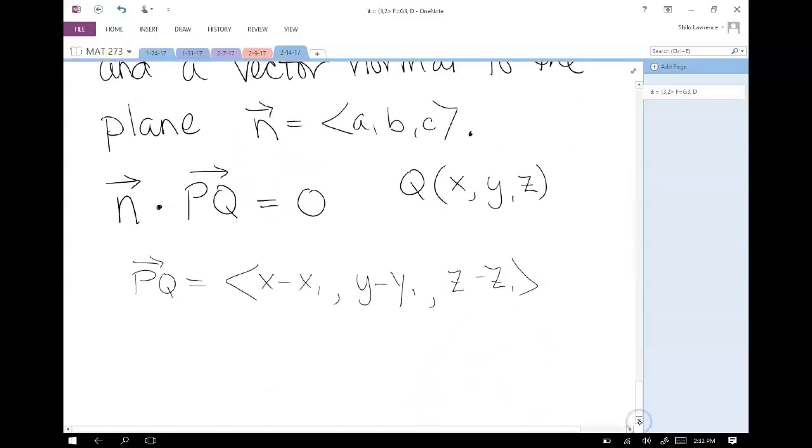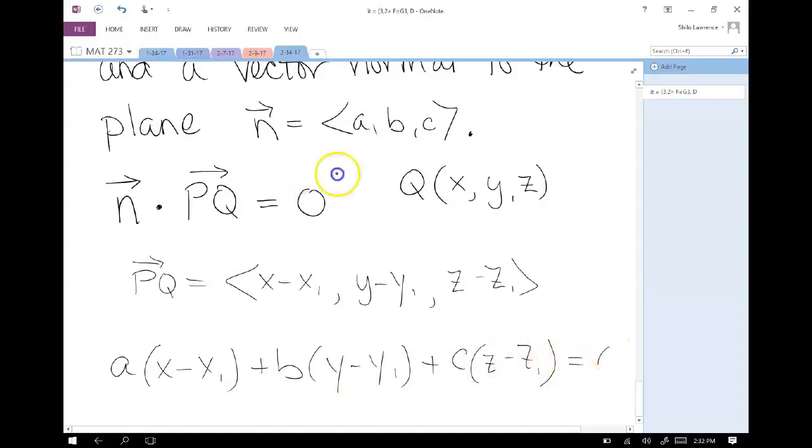And then when we dot that with n, remember we multiply corresponding components. And n is our direction numbers that are normal to the plane, a, b, and c. So this is going to be a times x minus x1 plus b times y minus y1 plus c times z minus z1 equals 0.